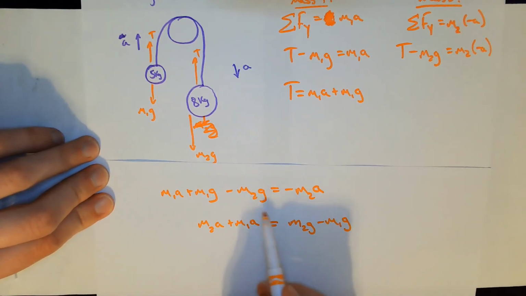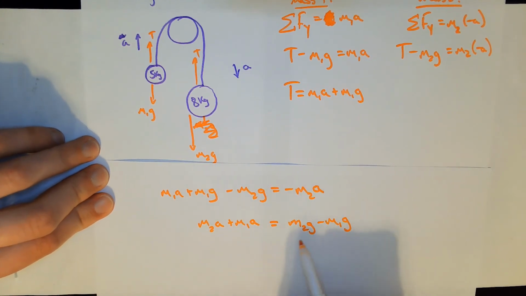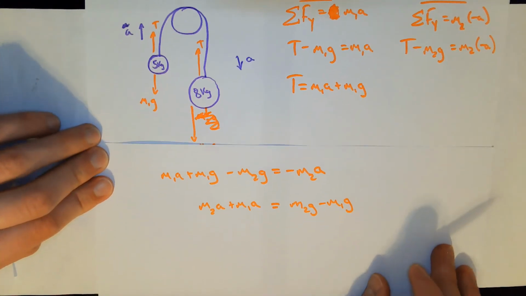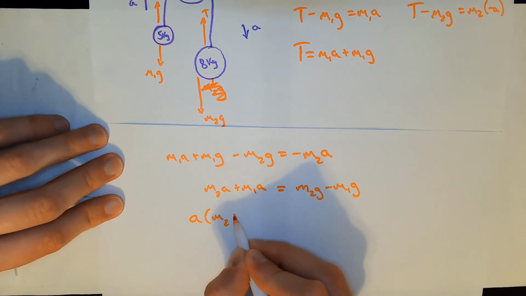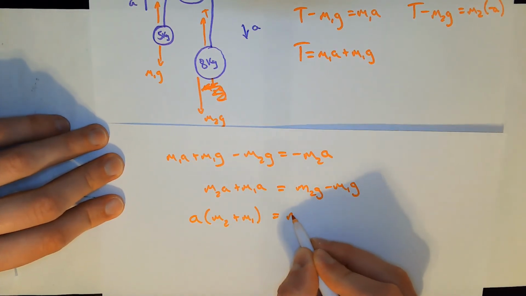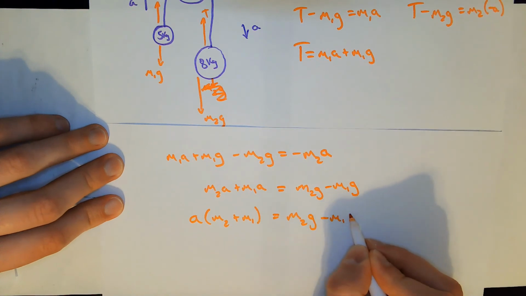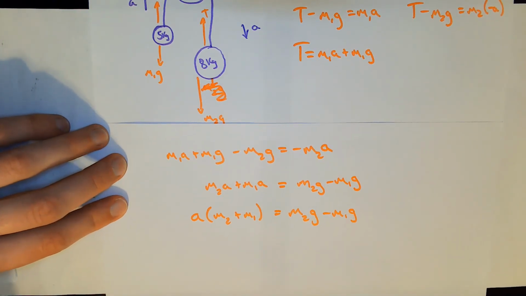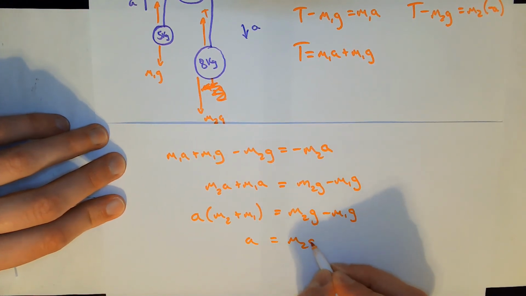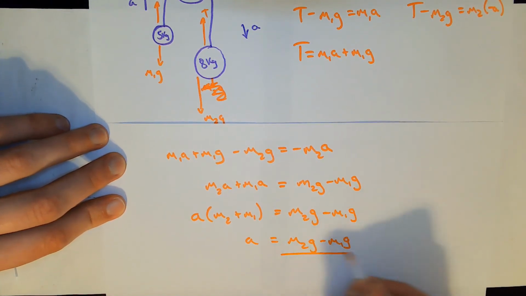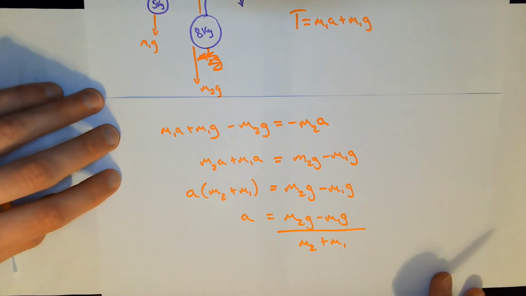Scooting this across, those change signs, and then scooting this across, it changes positive, and this stayed put. And now I'll factor an A out. A little bit more intense of a problem, but still good to look at. Now solving for A, divide that whole sum, M2 plus M1, and that will be what A is.